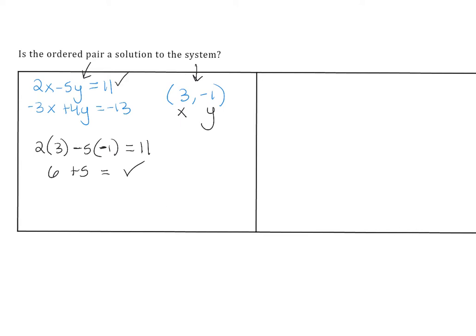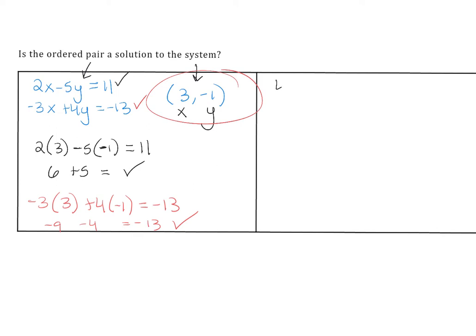Now we have to test the second one. Negative 3 times the x value 3, plus 4 times the y value negative 1. Does that equal negative 13? Negative 9 minus 4, does that equal negative 13? Yes. So I give you the solution, and you're just checking, is it actually the solution or not? And you're just plugging in for x and y to see if it makes true statements.